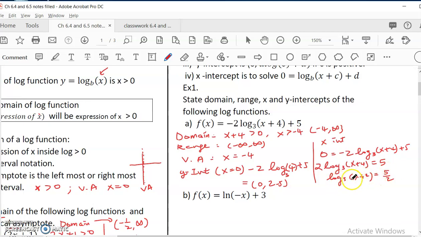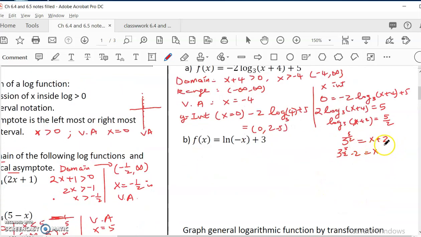Now, how do I solve this? Remember, we solved these kinds of things before. If we have something unknown inside, we write it as an exponent. So 3 to the 5 over 2 is equal to x plus 4. So x is equal to 3 to the 5 over 2 minus 4. It's really long, but that is the x-intercept. It does have one.